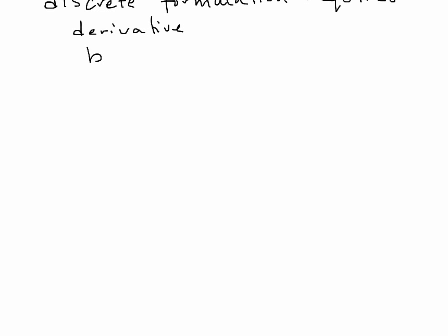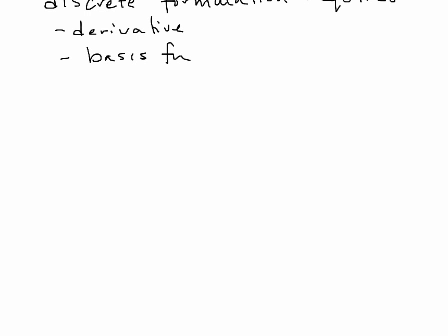Recall that the discrete formulation required not just the actual function value, but it requires the derivatives as well. So we need the derivatives and we need the actual basis function. And we'll need it also as the weight function.